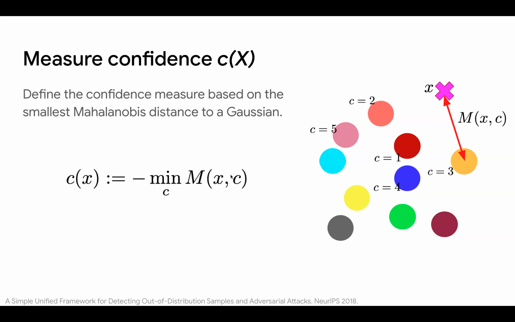Okay, so we just take the minimal distance between any class and this sample, and then take minus of that because we are interested in confidence. So the closer the distance is, the confidence should be higher, okay?